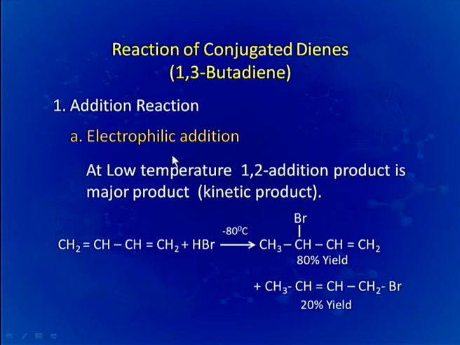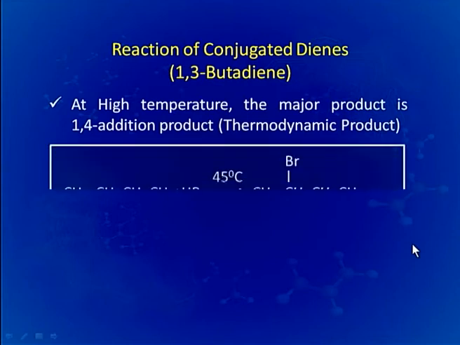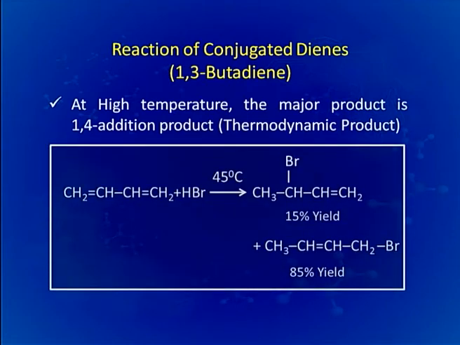Here we can see that hydrogen bromide is being added to 1,3-butadiene. Across this double bond it is being added and therefore 1,2 addition product is formed in the 80% yield and only 20% yield of 1,4 addition product is being formed. But same reaction if we perform at high temperature, major product of this reaction is 1,4 addition product.